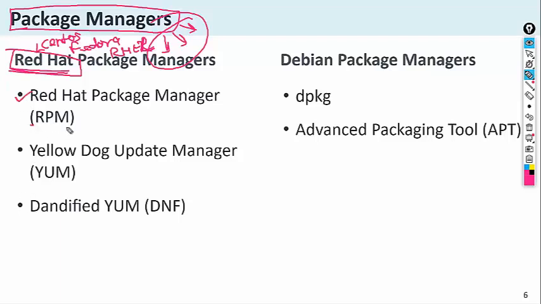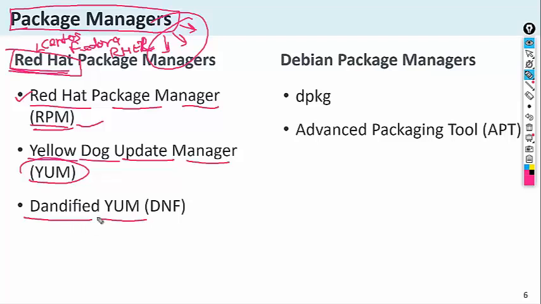One is RPM, whose actual name is Red Hat Package Manager. Another is Yellow Dog Update Manager, YUM, and another is Dandified YUM, short form DNF. So DNF and YUM exist as commands, you can execute them.